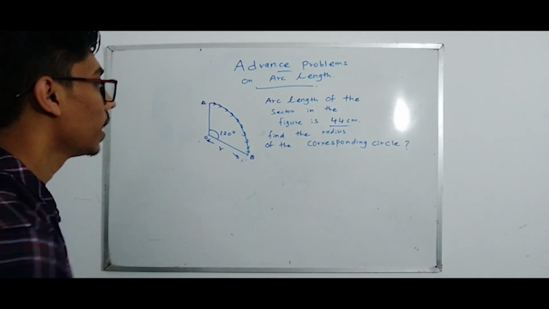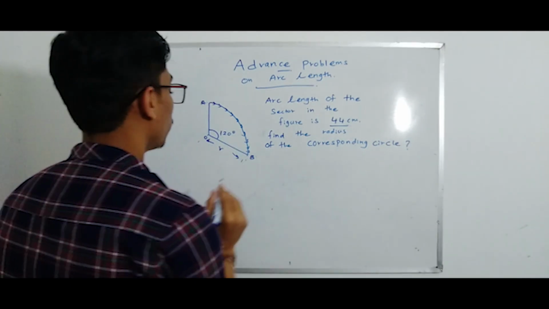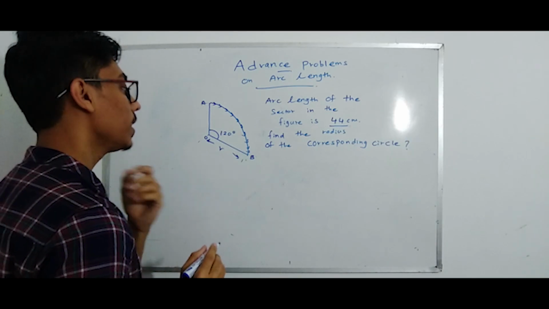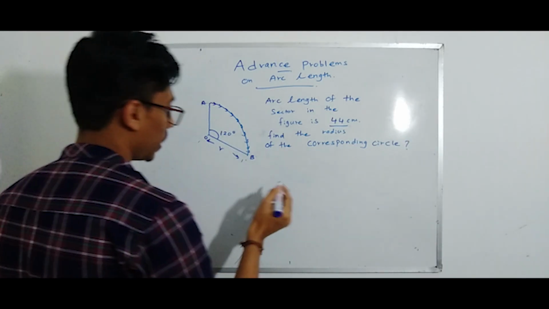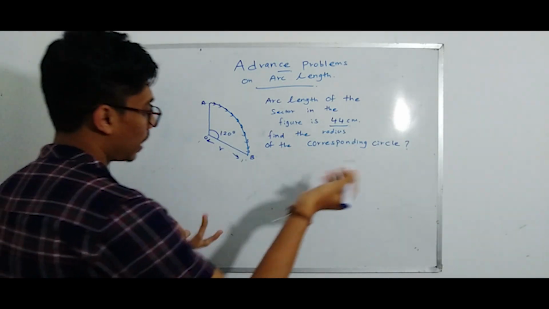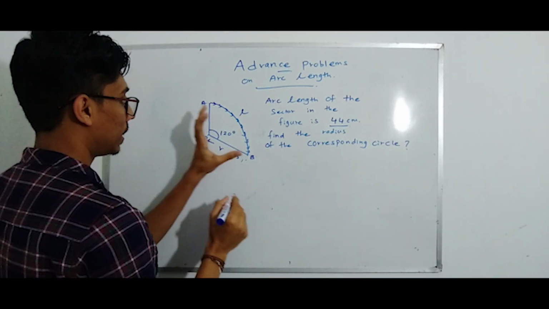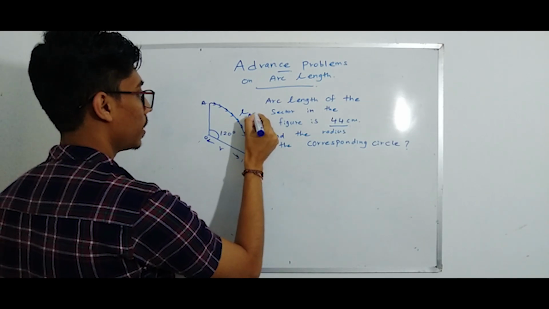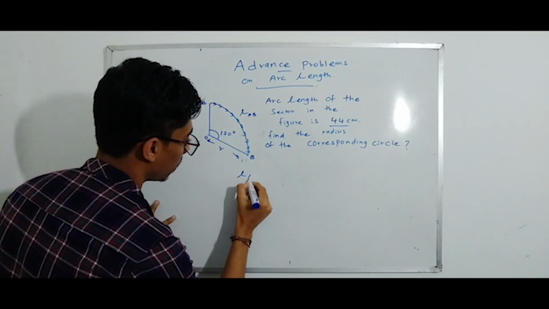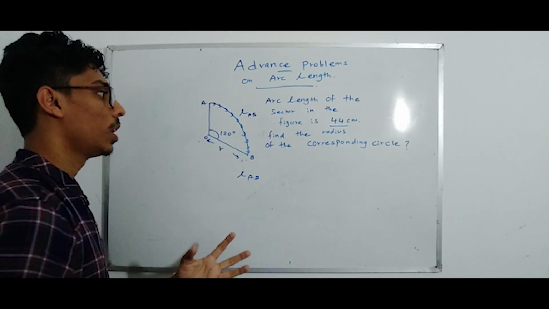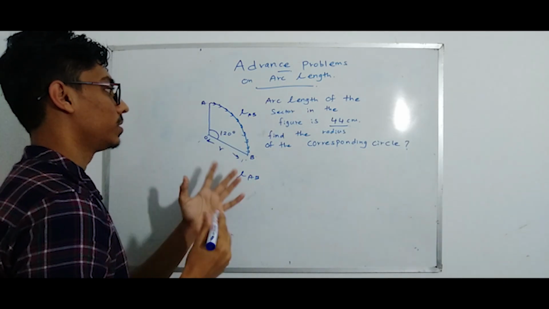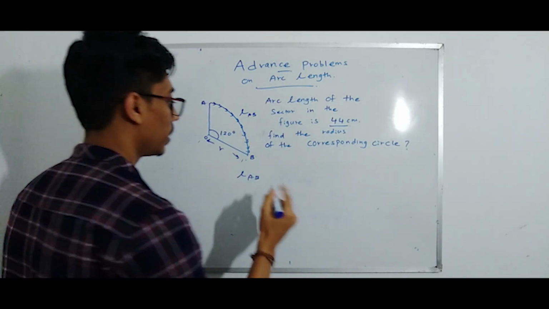To analyze this, let me write this. You know that there's an equation to find the arc length. I'll take it for granted and write that. Let me mark this length as LAB. This is how you break down this question into smaller pieces and work towards the end.